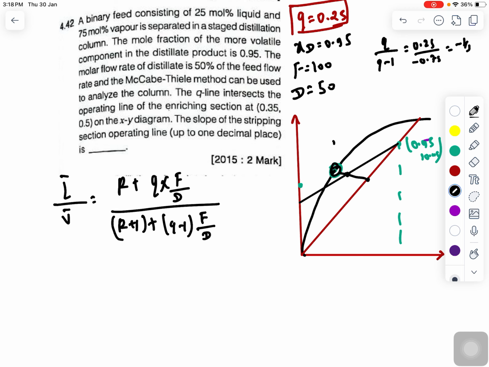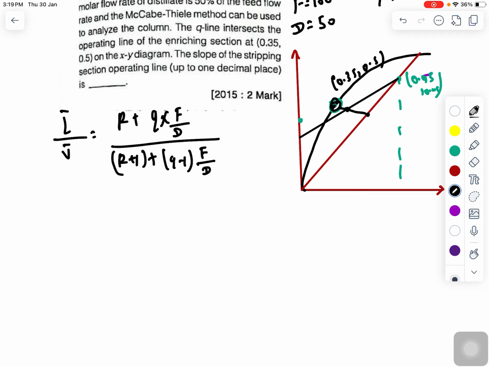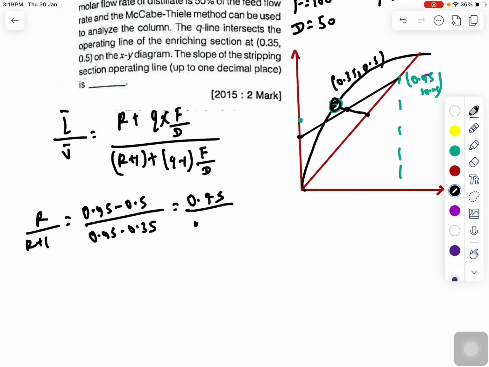Let's say the coordinate of this point is 0.35 and 0.5. So can I calculate the slope of the rectifying section line? R divided by R plus 1 equals (0.95 minus 0.5) divided by (0.95 minus 0.35), which is 0.45 divided by 0.60, that equals 3 by 4.